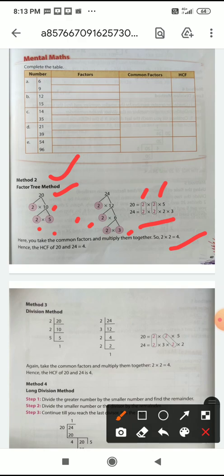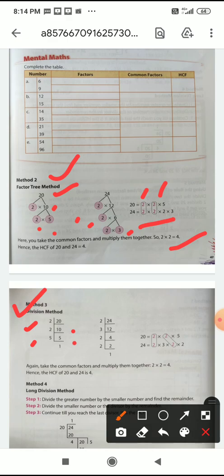Then the third method, the division method. In the division method we just divide with prime numbers. Here 20, we first divide by 2. Then we get 10. Again we divide by 2, then we get 5.